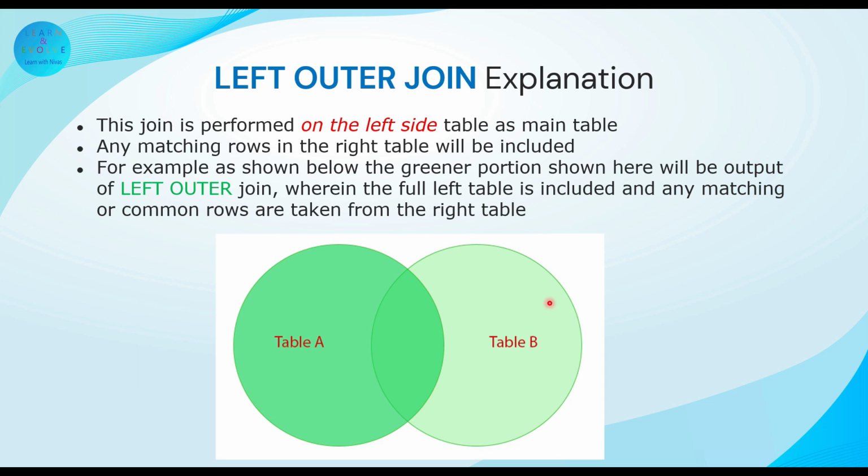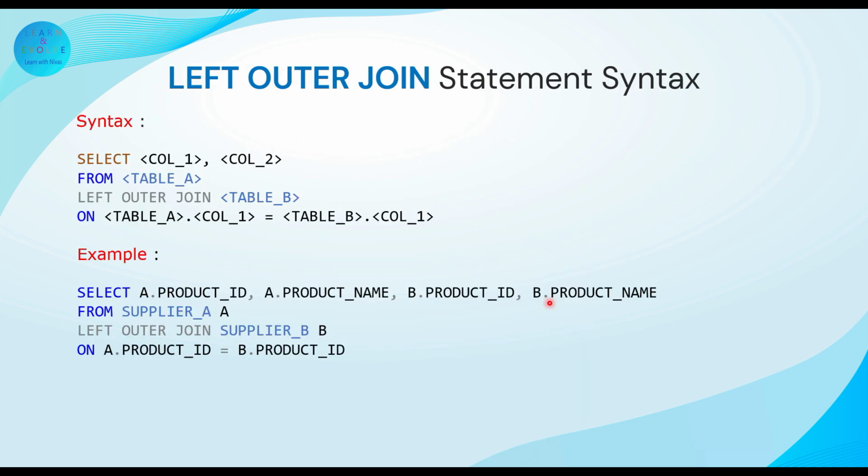So this is how a left outer join works. Let us quickly go through the syntax. The syntax is similar to the inner join, wherein the only change is the keyword, left outer join. Otherwise, the select command and the from table, everything is the same.